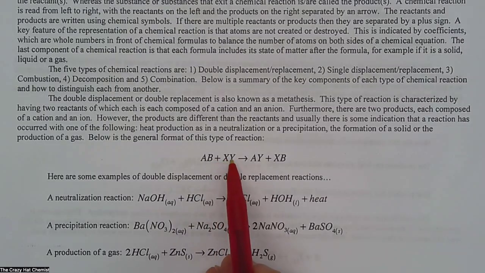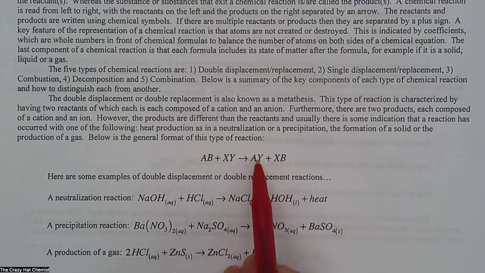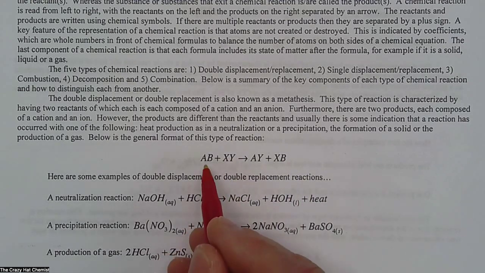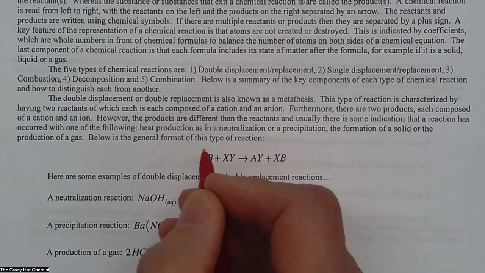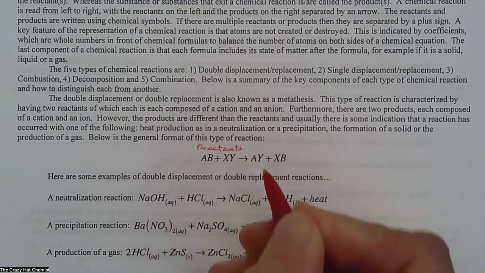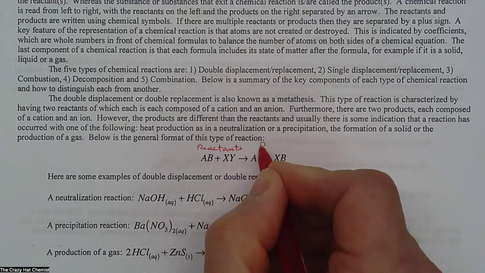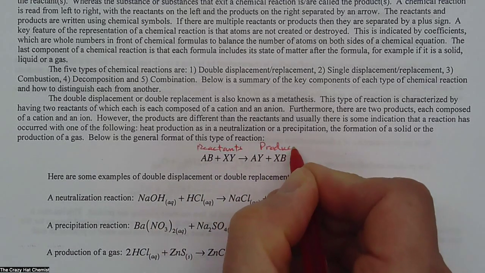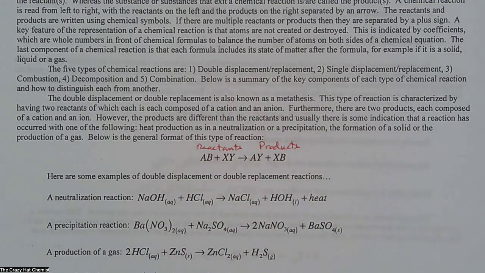AB plus XY yields AY plus XB. You should see that the reactants are on the left-hand side of the arrow, and the products are on the right-hand side of the arrow. Furthermore, I'll do a little bit of color coding.